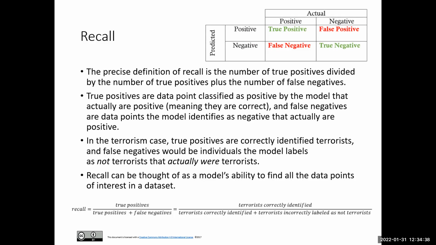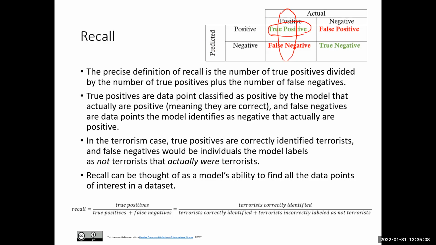So for recall, for this problem, the precise definition of recall is the number of true positives divided by the number of true positives plus the number of false negatives. You can see it's exactly what we had done before, but now in the example.